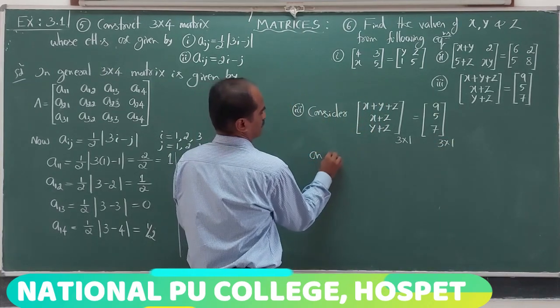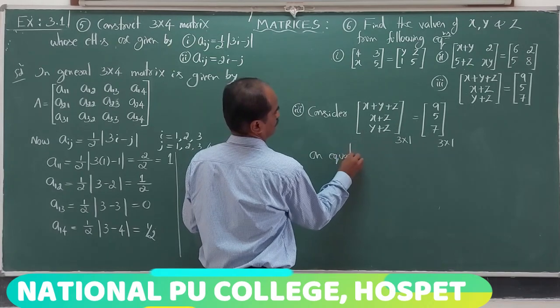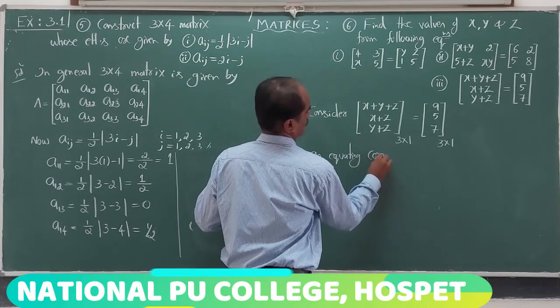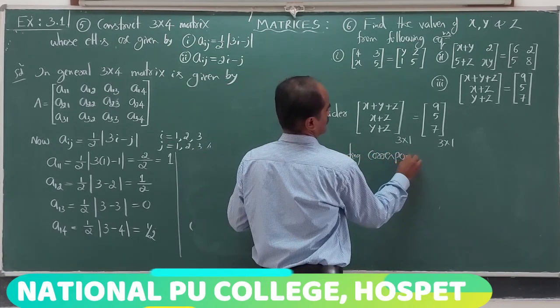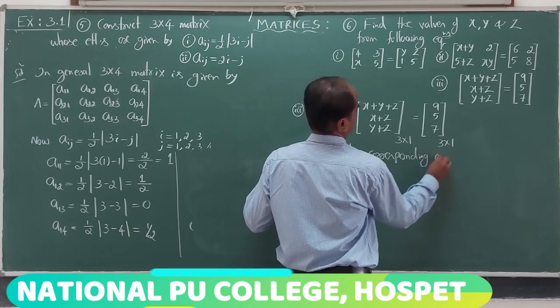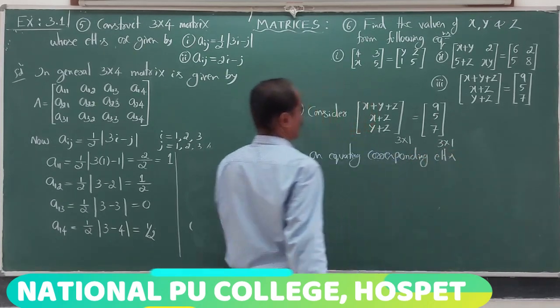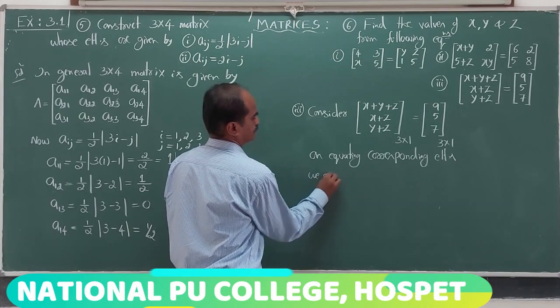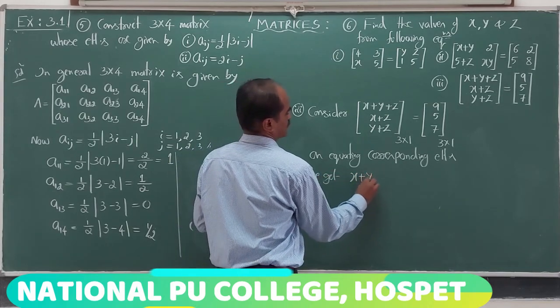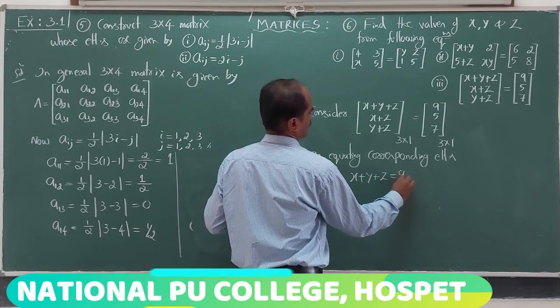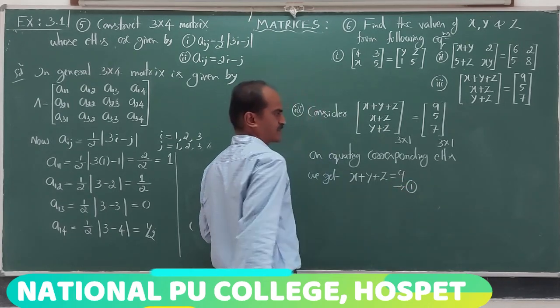On equating corresponding elements, we get x plus y plus z is 9, mark it as equation 1.